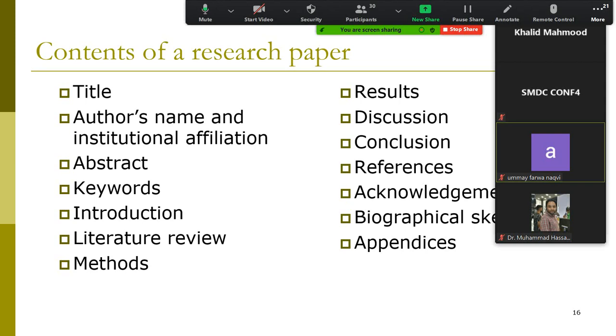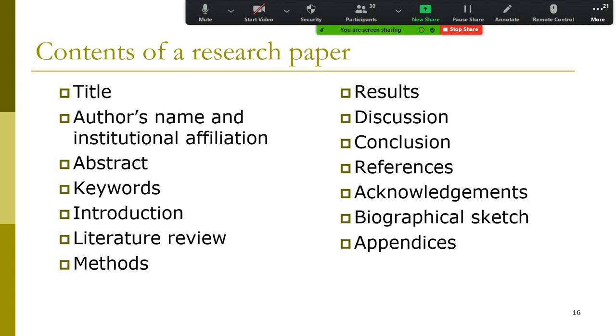And in the case of health sciences, we use materials and methods, results, discussion, conclusion, references, acknowledgements, biographical sketch sometimes, and appendixes or appendices. So this is a common format, but you should follow the format given by the specific journal in which you are going to be published.